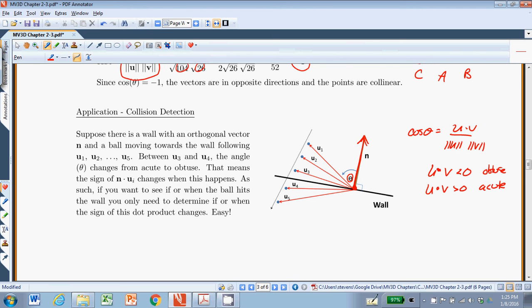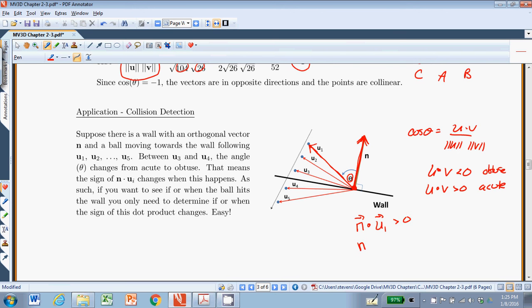So I'm going to figure out this normal vector, and I will create the vector, which is really easy through subtraction, from that same point to where the ball is. We'll assume this thing is a ball. I'll call that u1. I'll look at n dotted with u1, and if this picture is correct, that would be acute, so greater than 0.